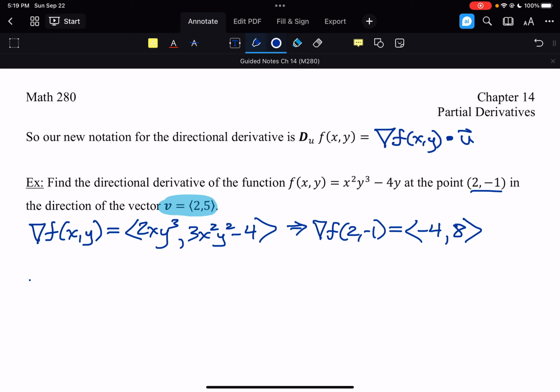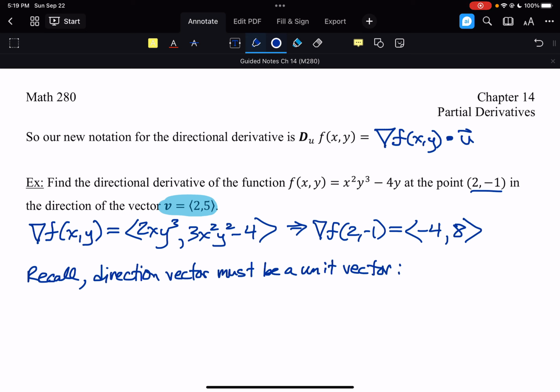So recall, the direction vector must be a unit vector. So we need to go ahead and get the length of this vector v. So that's square root of 4 plus 25. So we get root 29 for the length of this vector.